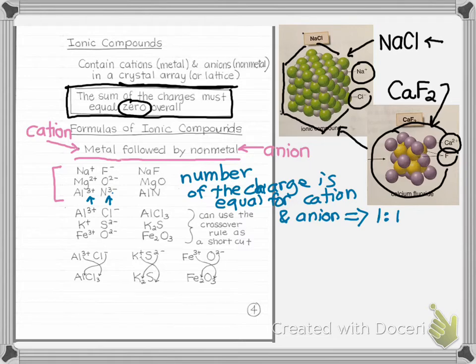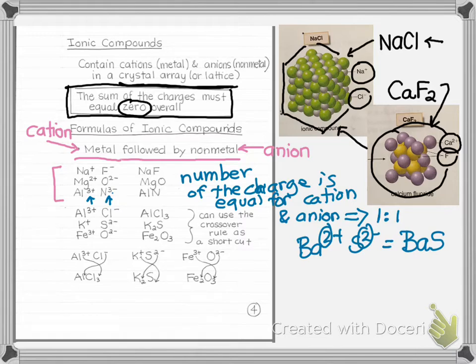So, for example, if I had barium with a 2 plus and a sulfide with a 2 minus, this has 2 and this has 2, so they're the same, so the formula would just be one of each, BaS. And that's true anytime the two charges are the same.